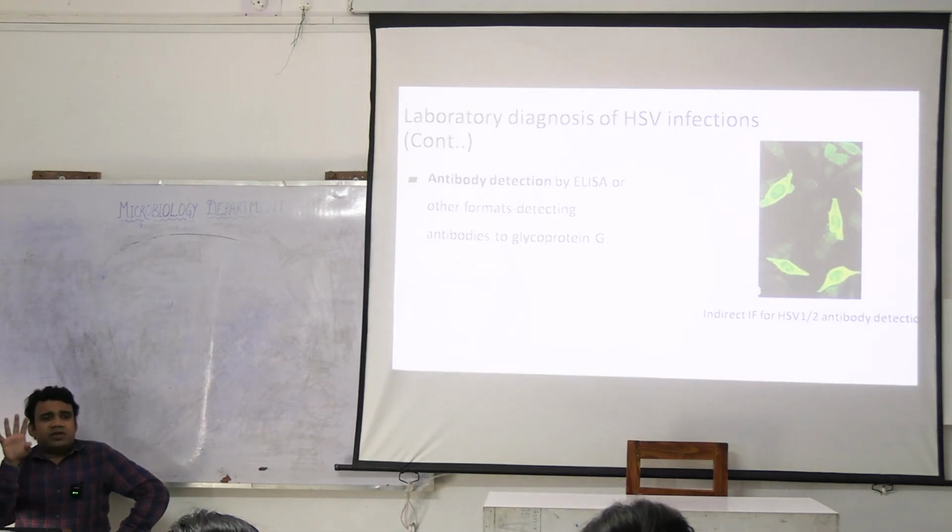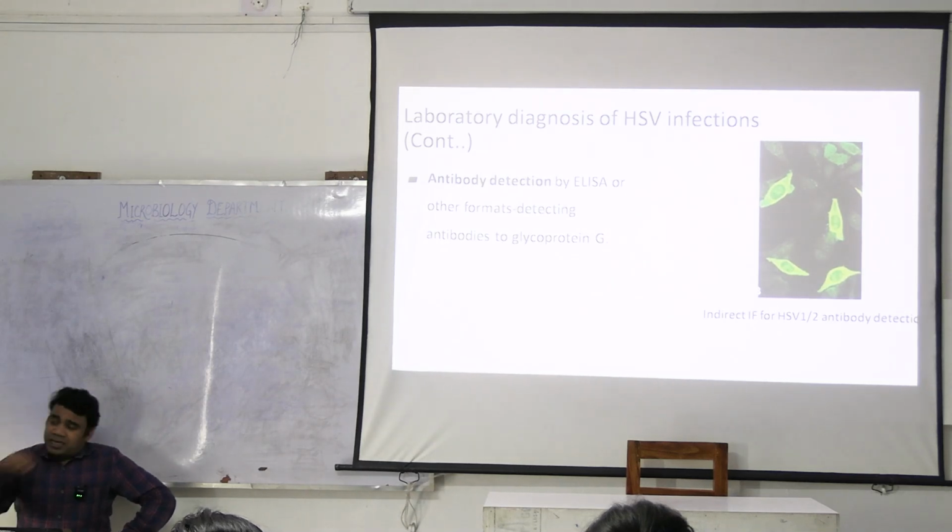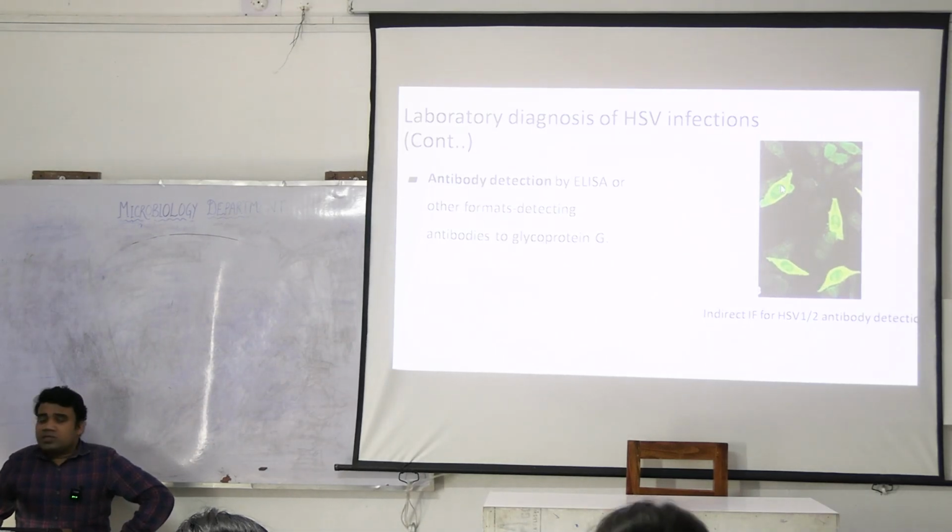Now, if the herpes virus is present, the antibodies will bind to the herpes virus, and the fluorescent dye is attached to the antibody. Then, when we observe it under the microscope, we can see the fluorescence of the chemical. As you can see in this picture, not all cells are fluorescent. Only some of the cells are bright green in color.